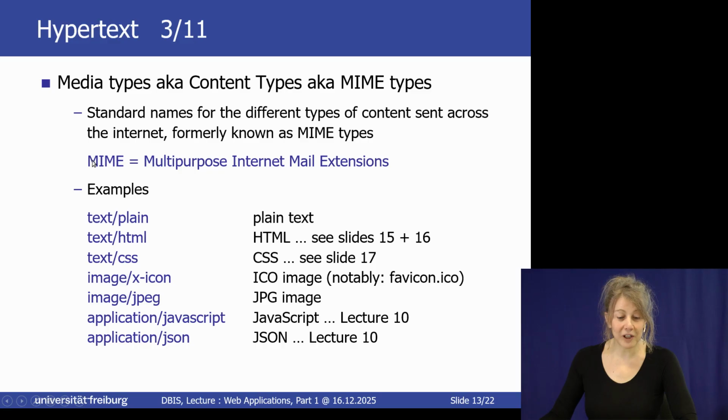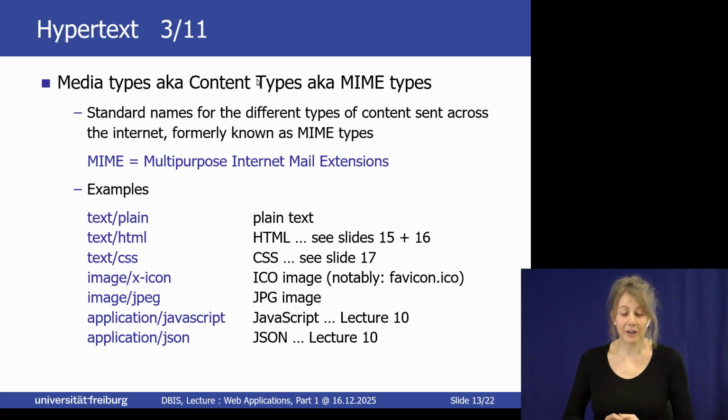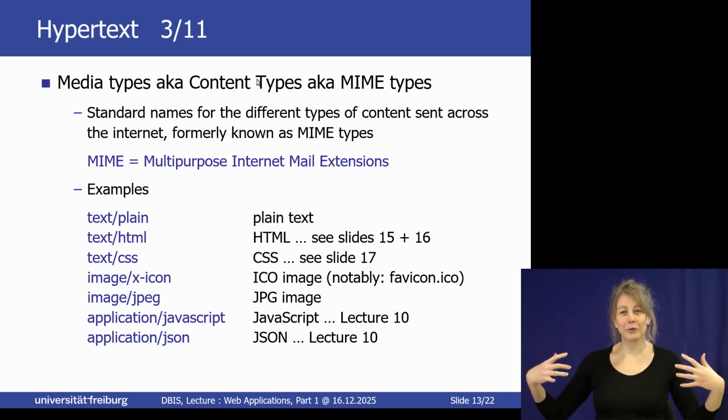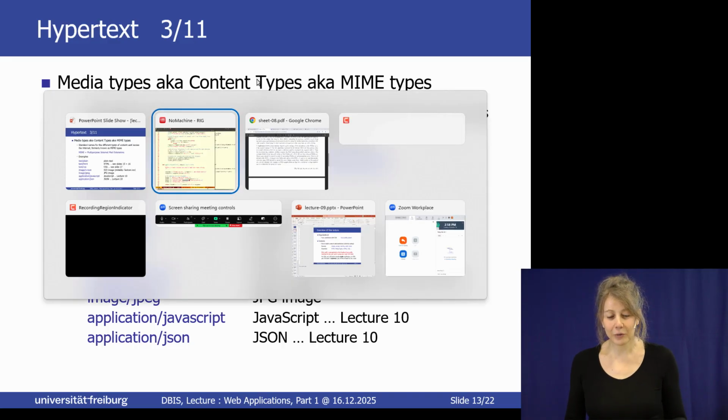They used to be called MIME types because they were designed for mails. Nowadays they're called media types, and for HTTP they're called content types, and it's all the same. That's one thing about this whole thing: many names for the same things, a lot of history, which is why some things are a bit strange, but for backwards compatibility we still do them.